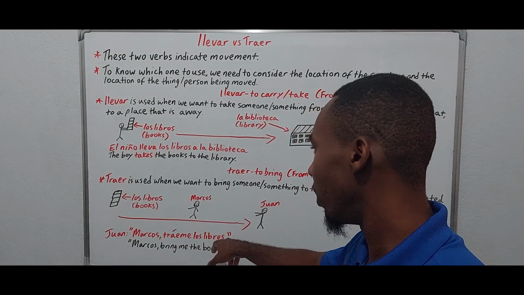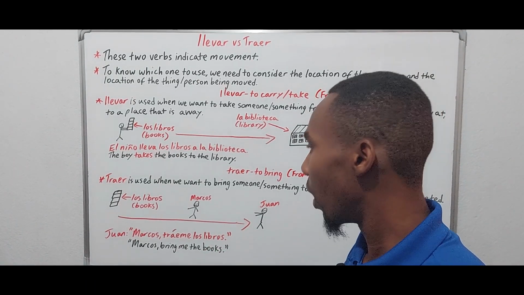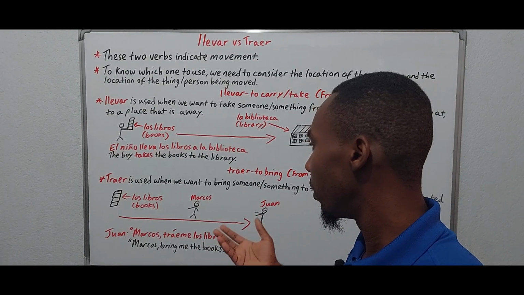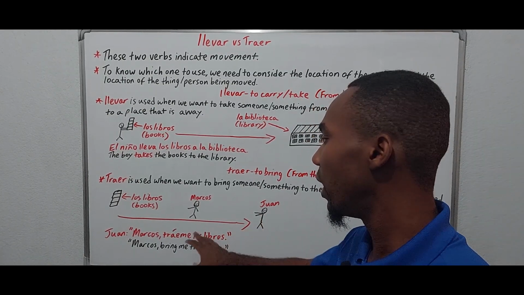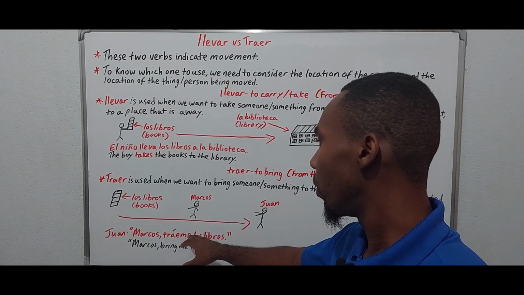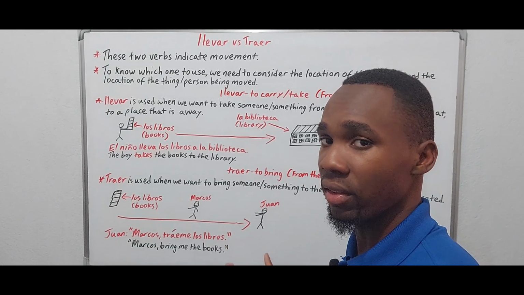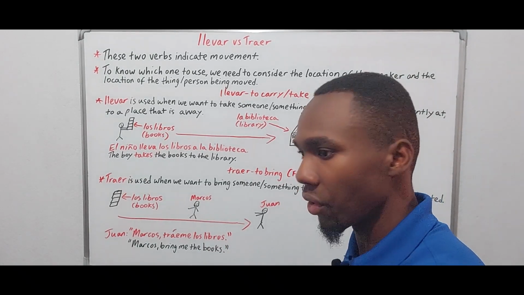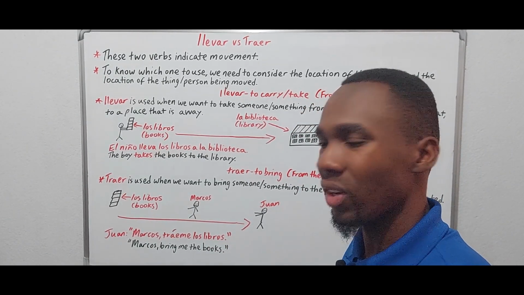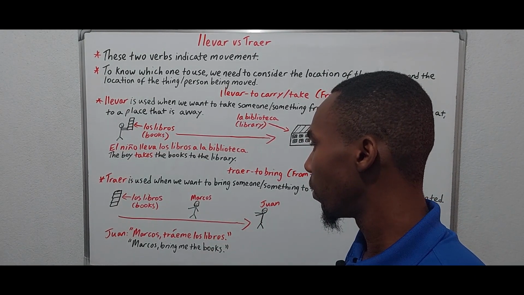Marcos, tráeme los libros, I could say aquí. Marcos, bring the books. Well, in this case, tráeme los libros is already understood where Juan is. Juan is here, right? So that's kind of understood.